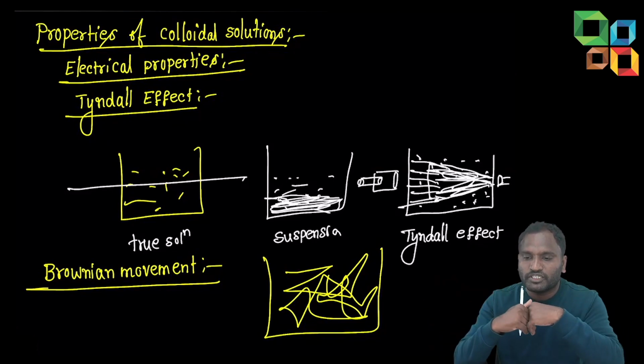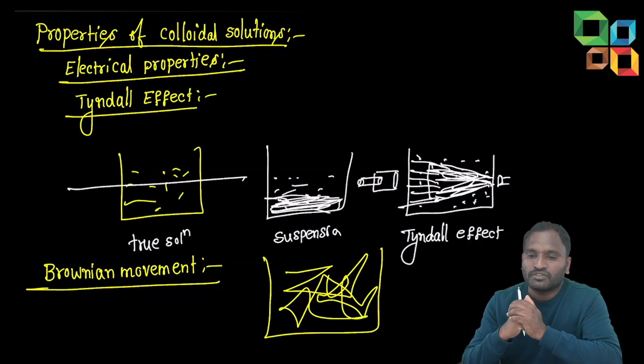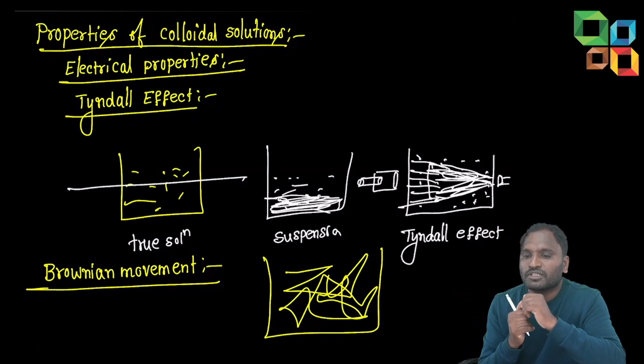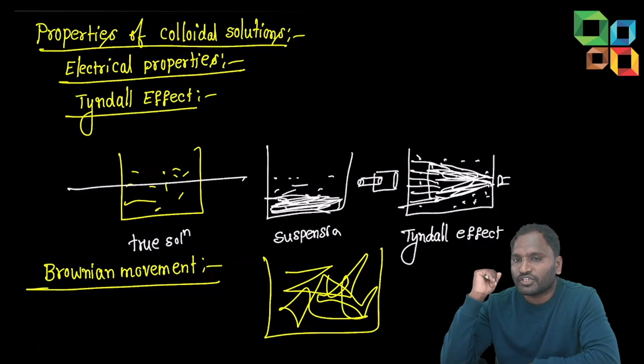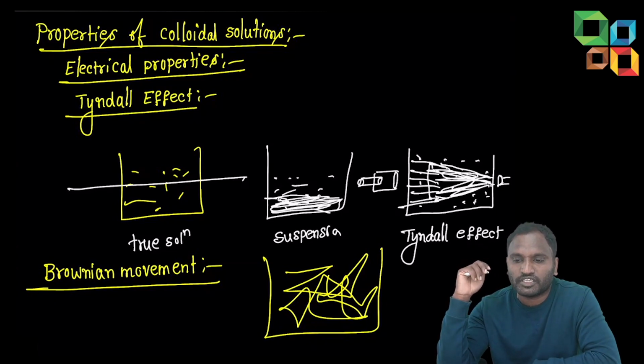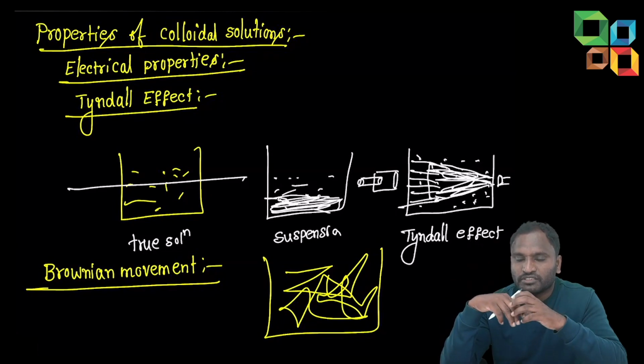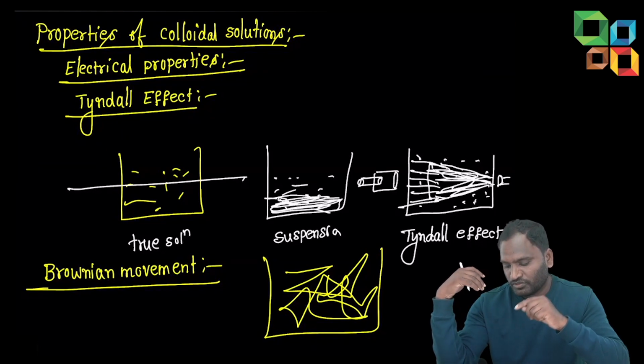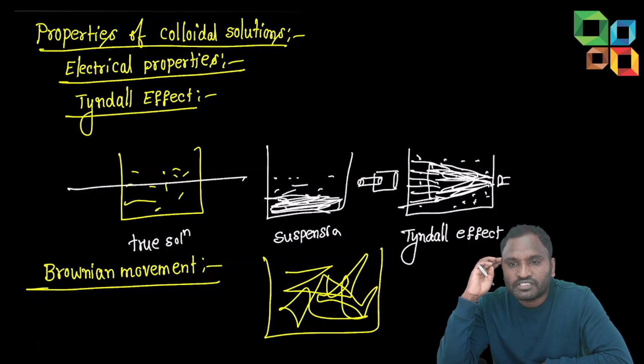This Brownian movement is due to unbalanced bombardment, collisions of the colloidal particles by the molecules of the dispersion medium. Because of that, the colloidal particles move in a zigzag manner.